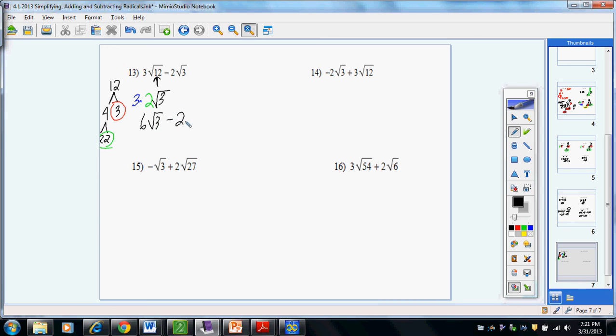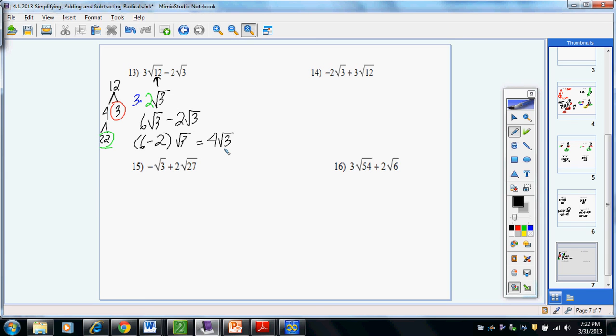And then we can go ahead and simplify and solve the rest of our problem. So now we're going to go ahead and factor out the square root 3. And we have the 6 minus 2, which is going to equal 4 square root 3.